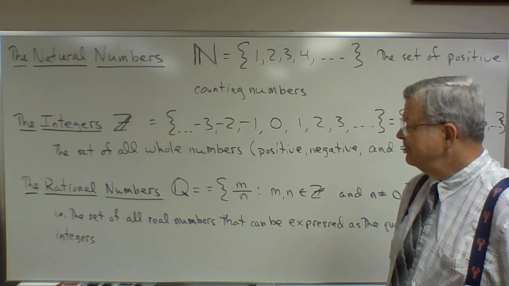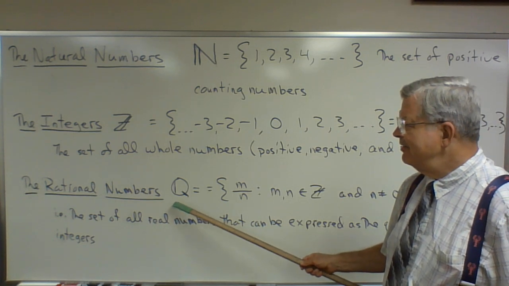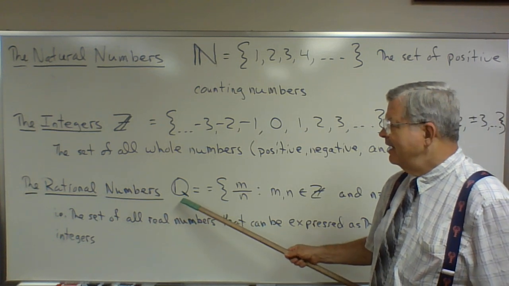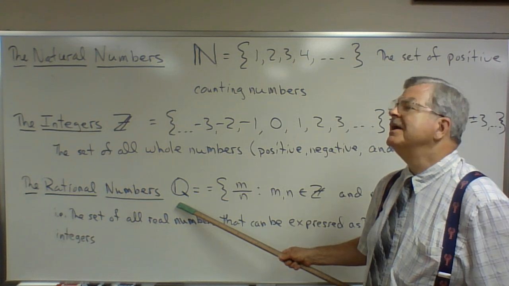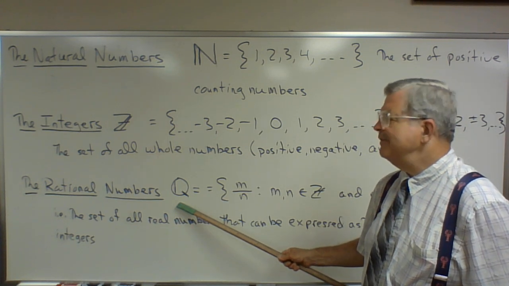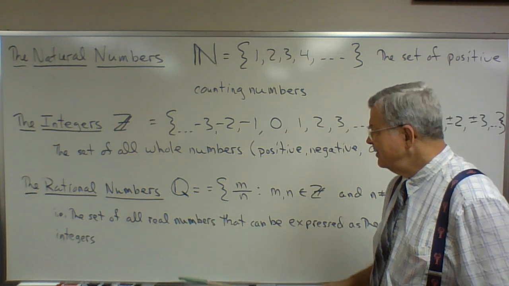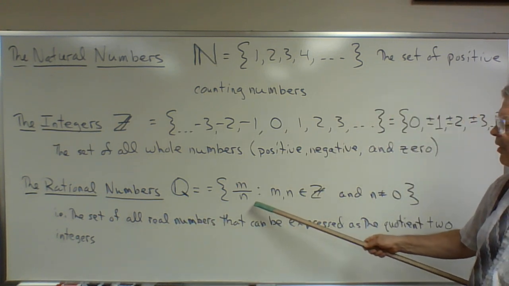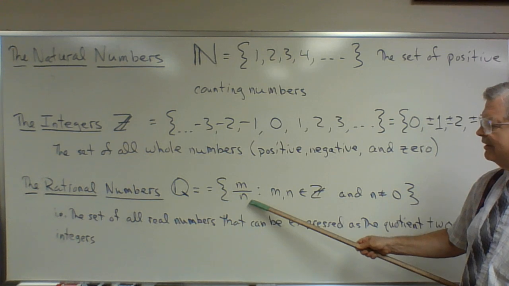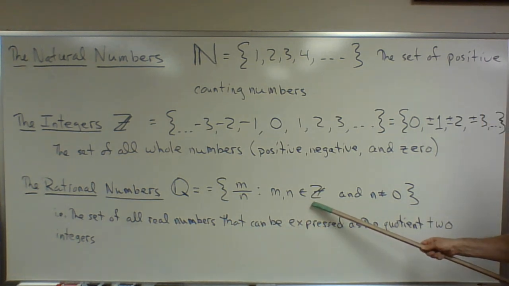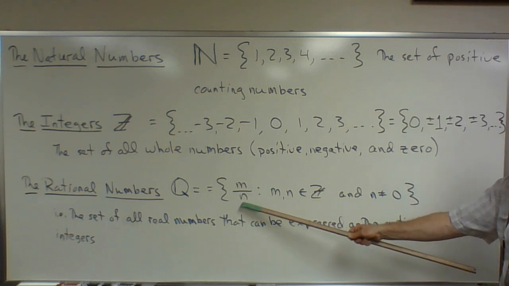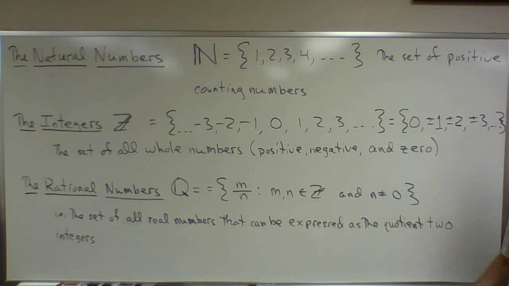Very rarely. But we will define the rational numbers. The set of rational numbers, represented by a bold-faced capital Q, is the set of all real numbers that can be expressed as the quotient of two integers, of course, where the denominator is not 0.